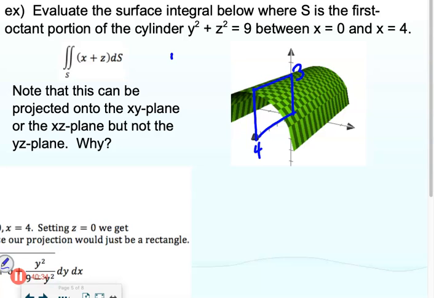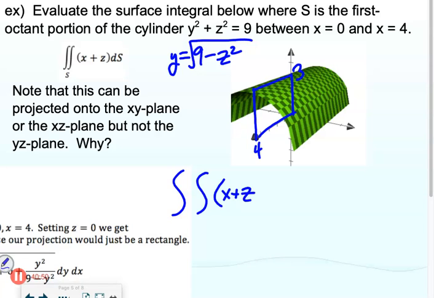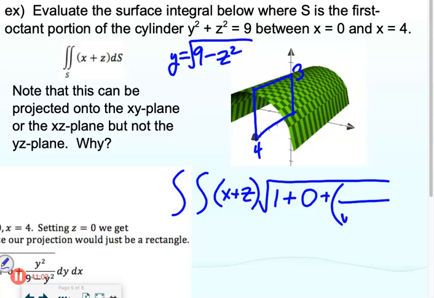So we'd have to solve this for y, so we get y equals the square root of 9 minus z squared. Then you would have the integral of x plus z times the square root of 1 plus, y sub x would just be 0, and then y sub z, 1/2 times the square root of 9 minus z squared, which is negative 2z, the 2's cancel, quantity squared.